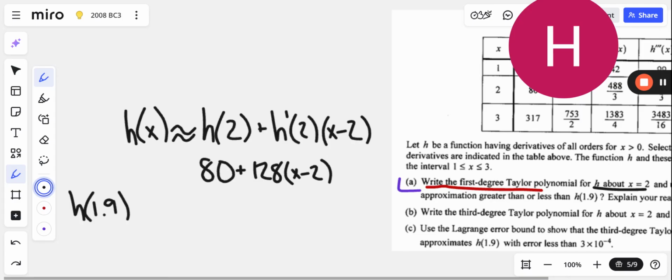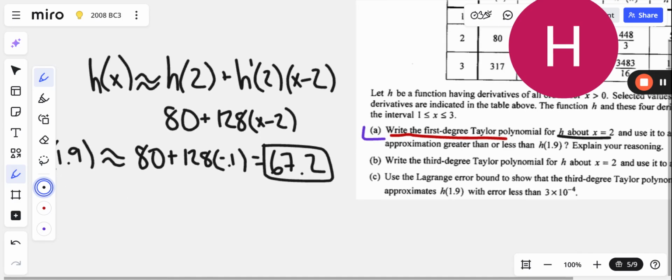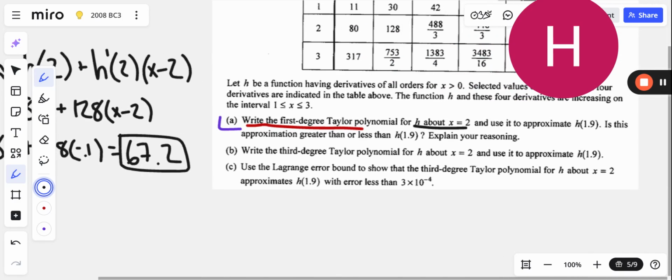We'll say again that this is approximately equal to 80 plus 128 times negative 0.1, because 1.9 is smaller. So this is essentially 80 minus 12.8, and that part you can certainly do without a calculator. You're still free to use a calculator if you'd like, but you should be able to solve that without.